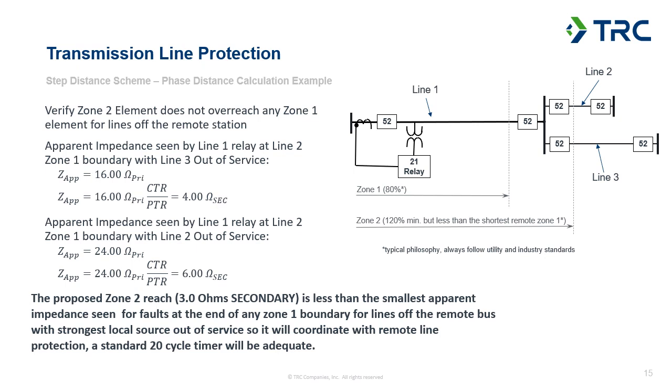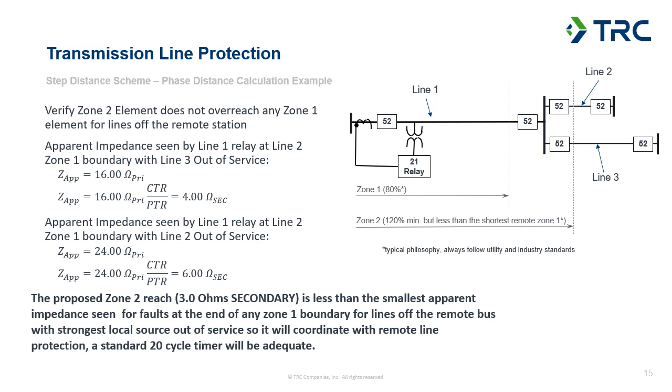We're able to pretty accurately model the system and show relay responses. So we'd run faults throughout each of those remote lines and see the ending point where the line 2 zone 1 element stops operating. And at that point, we're operating on a time delay. And we'll verify that the line 1 relay is not operating for that condition.